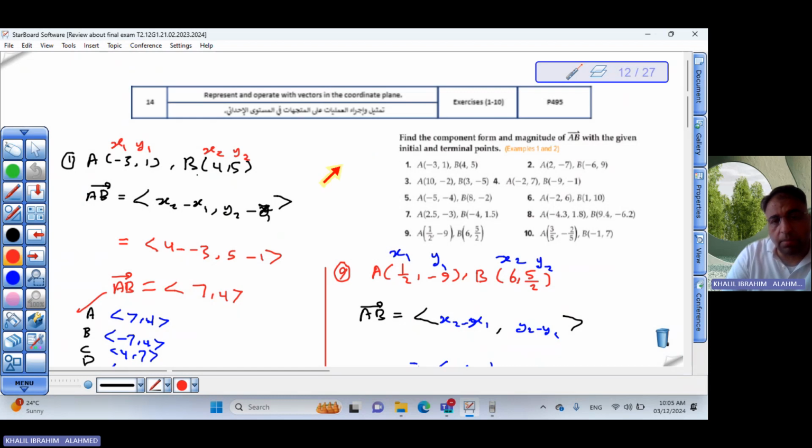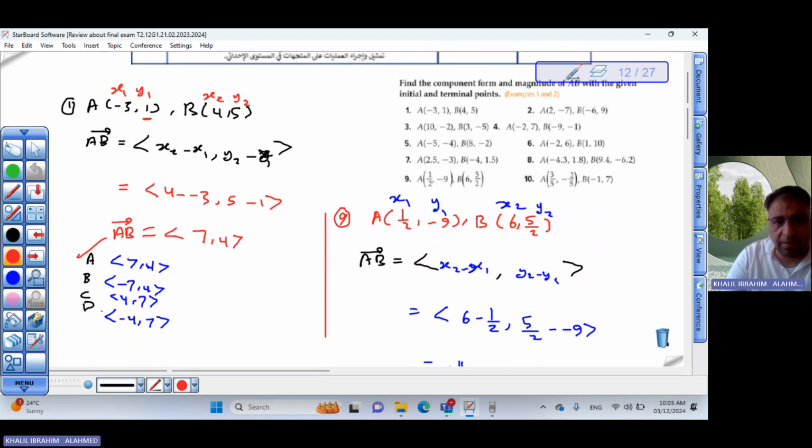This is the coordinate -3, 1, 4, 5. This is x1, y1, x2, y2. The formula x2 minus x1, y2 minus y1. This is x1, 4 minus minus 3, so we have minus and minus in formula. This is y2 minus y1, 5 minus 1. As you see, this is equal 7, 4.